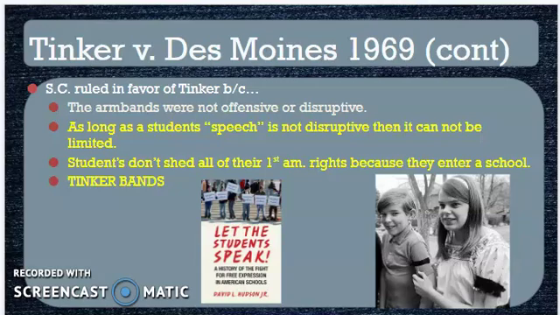Now, obviously, you have a dress code, so yours is a little different. But if you wanted to wear a shirt with some sort of political slogan on it, you couldn't get in trouble for it because it's free speech, as long as it is not disruptive and it is not essentially hateful.